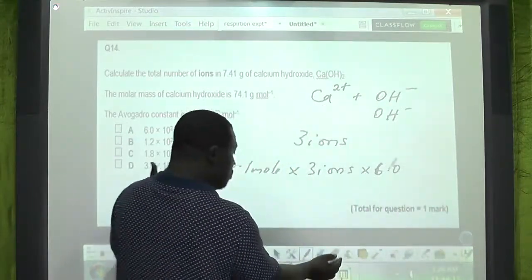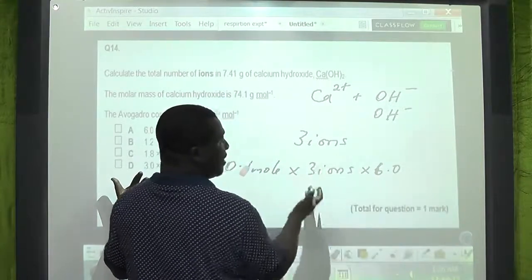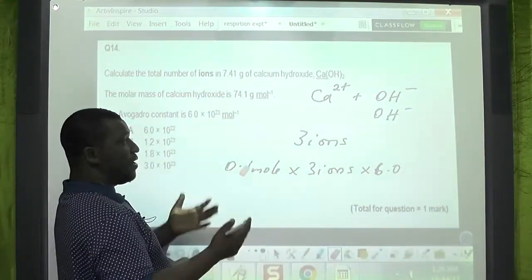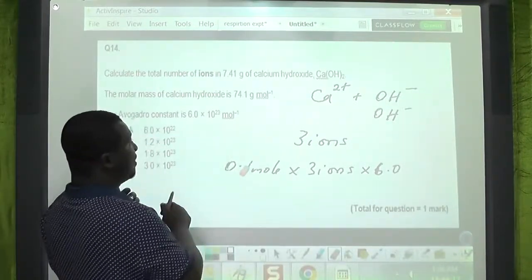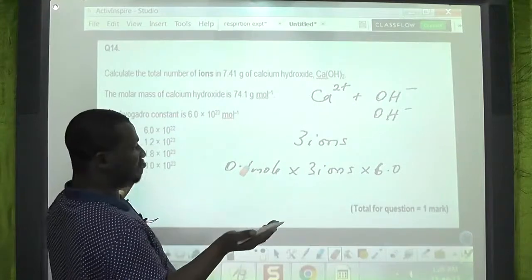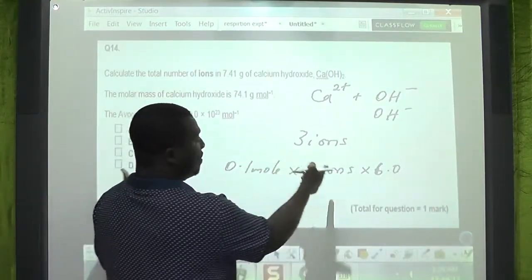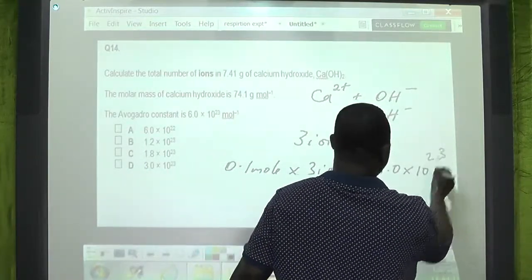If it is 1 mole, we say 1 mole times 3 ions times this, which will be 18 times 10 to the power. But it's not 1 mole, it's 0.1 mole, so we use that. Instead of starting to use a formula, we just multiply like this.